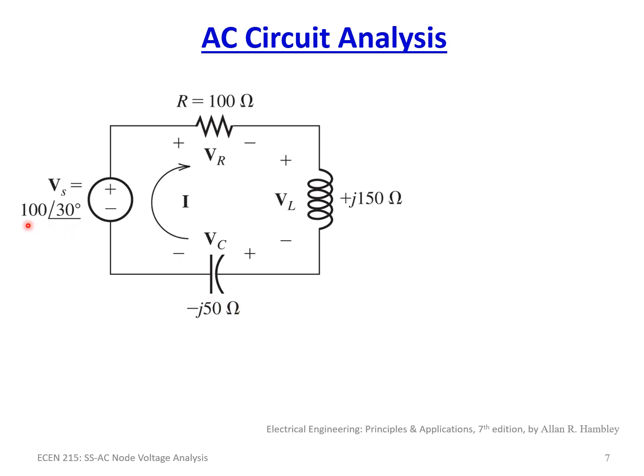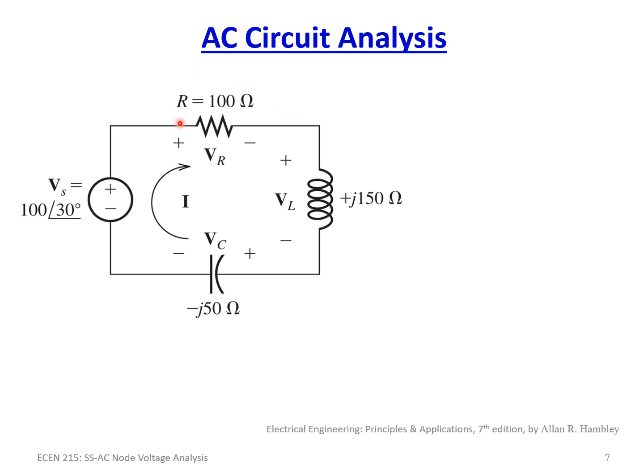As you notice here, we've turned our power supply, which was 100 cosine 500t plus 30 degrees, into the phasor form, which is just simply 100 with a phase shift of 30 degrees. The omega is just written down on the side here. The omega is 500 in this case, and that's going to be used in computing these other values.